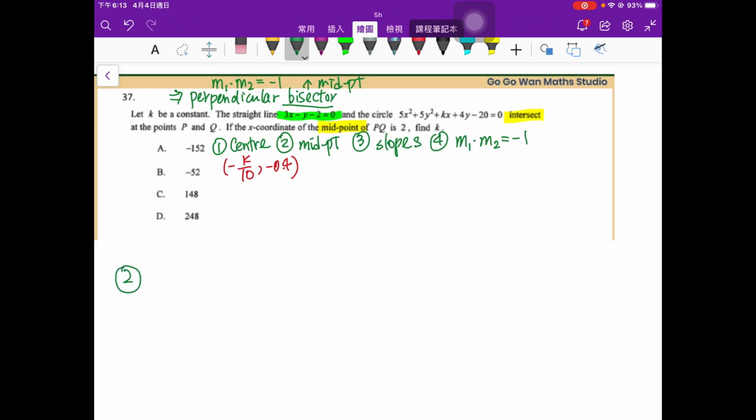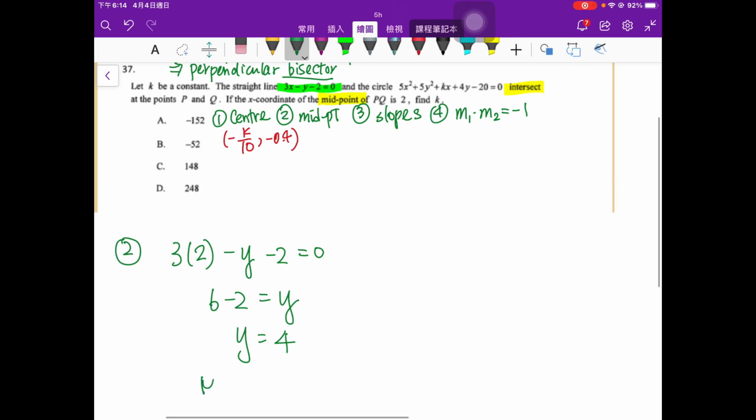Step 2. Now we substitute 2 into x. 3 times 2 minus y minus 2 equals 0. 6 minus 2 equals y. y equals 4.